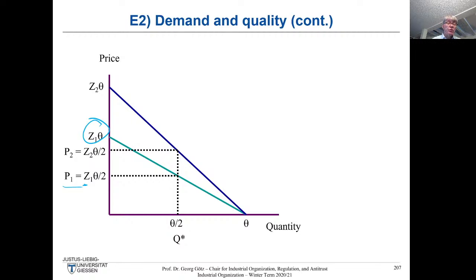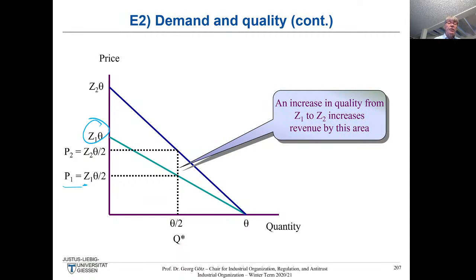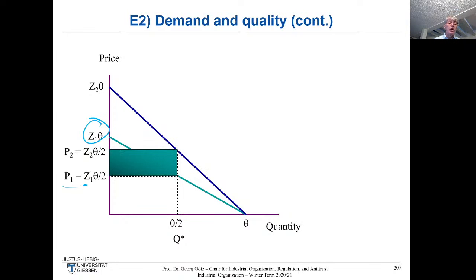Remember, marginal cost was 0, and z times theta, or c times theta, is just the maximum willingness to pay. So, simple monopoly price. And now what we get here is this rectangle, this green one, which is just the increase in profits if the firm increases its quality level from c1 to c2.